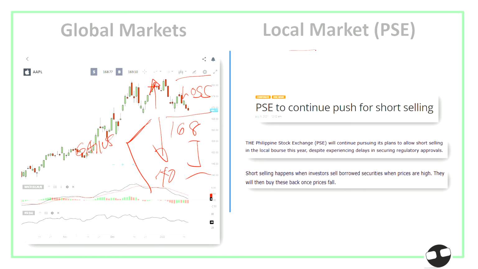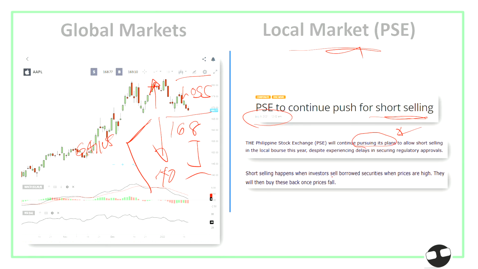Now, for the local market, for the PSE, I have noted here a recent article. This is the most recent one I found. It's from Business World. We have here: PSE to continue push for short selling, and the PSE will continue pursuing its plans. So it's not yet fully implemented, but it's being planned to be rolled out sooner, maybe.